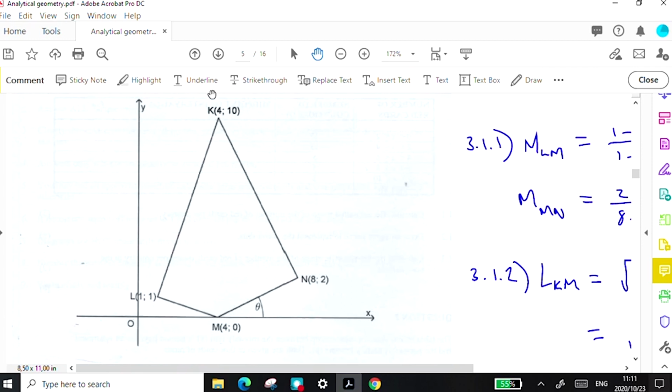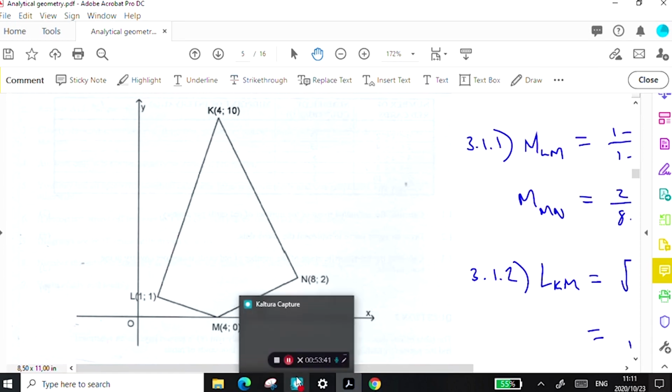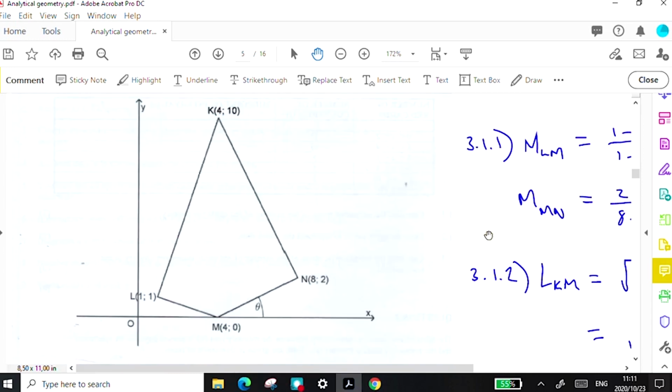We know that KL is perpendicular to LM. If KL is perpendicular to ML, that implies that the interior angle is 90 degrees.